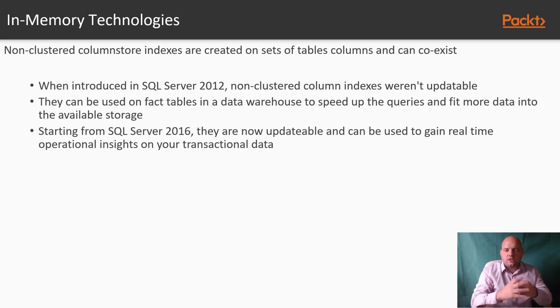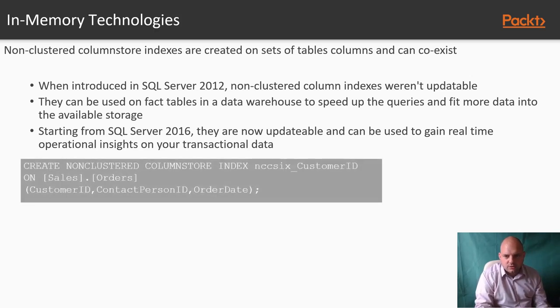Whereas in 2012 you needed to load the data in, create the index, and run your select queries against it, in SQL Server 2016, because they're updatable, you can really do real-time analytics against your database. You can query the operational data directly instead of spending time doing ETL, loading the data into a warehouse, and then creating the column store index. You can do this without impacting your operations at all.